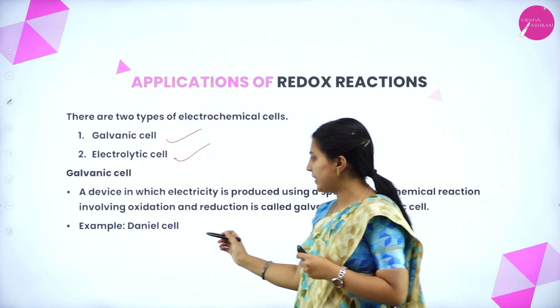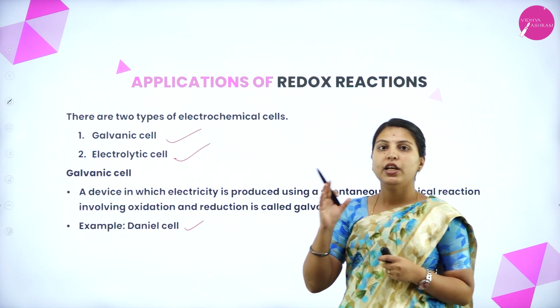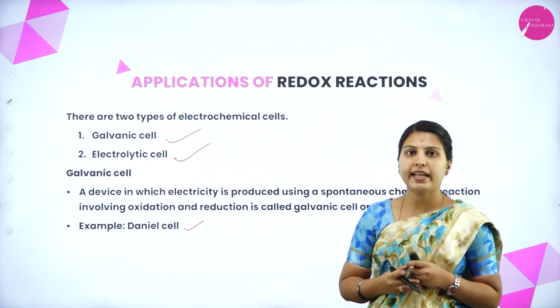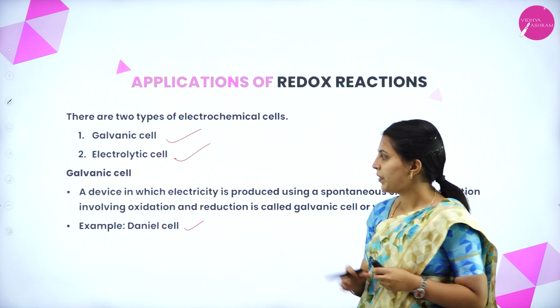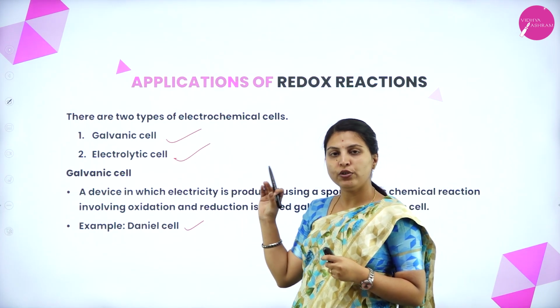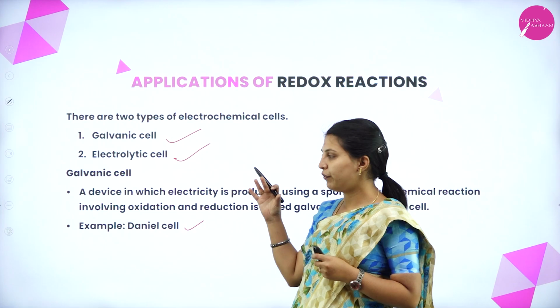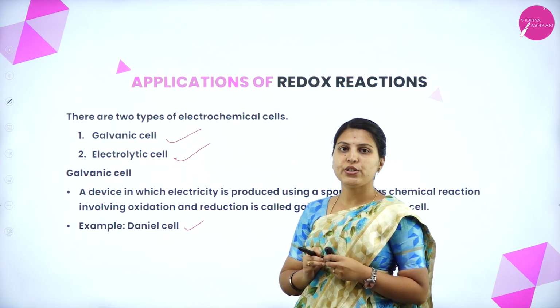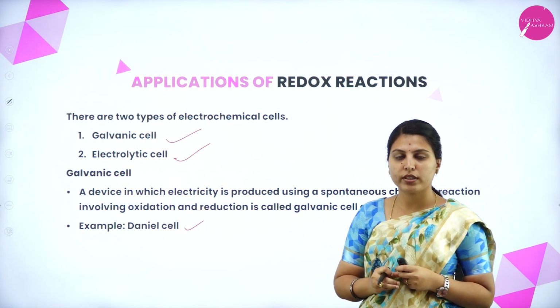Example, Daniell cell. About this Daniell cell, you will study in your second PU syllabus. For now, if you know this much electrochemistry and this much application of redox reactions, it is more than enough.